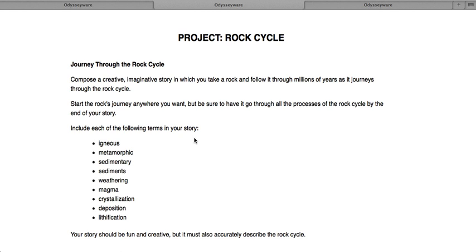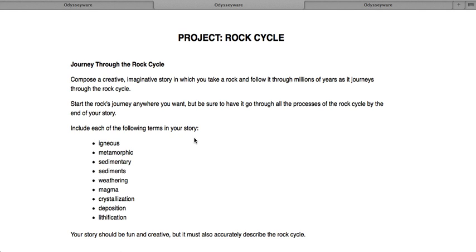So you might give your rock a name and describe it as an adventure. If you're really, really creative, which is one of the things I'm looking for, that's something you're going to want to do. The goal of this is partly creativity, and the other part is your scientific knowledge based on what you've learned in the lesson.